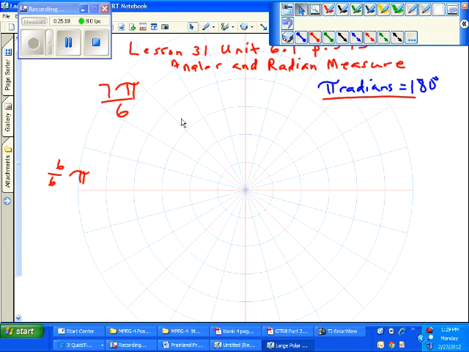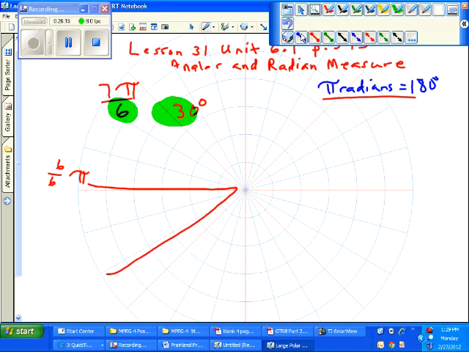Now, what angle measure goes with a 6 in the denominator? 30 degrees, because 6 times 30 is 180. So we're actually sitting right here. We're 30 degrees past pi. We're at 7 pi over 6. We're 1/6, 30 degrees, over pi. So my reference angle is pi over 6, which is 30 degrees.